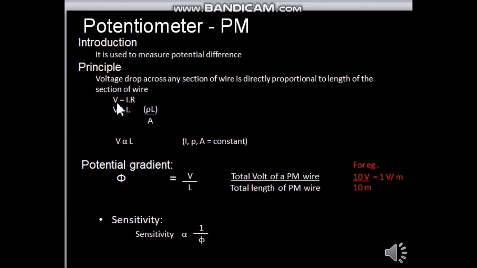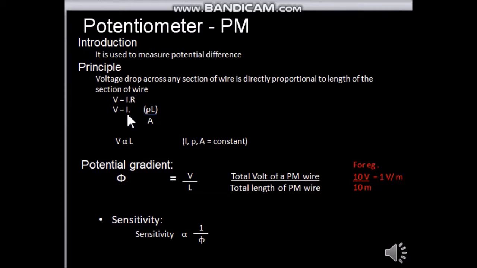Then we will apply the V equal to IR formula. I means current, R is replaced by rho L by A. And then in the potentiometer wire, we send the constant current, because in the potentiometer wire the current is not dividing anywhere throughout. So it is the constant current.